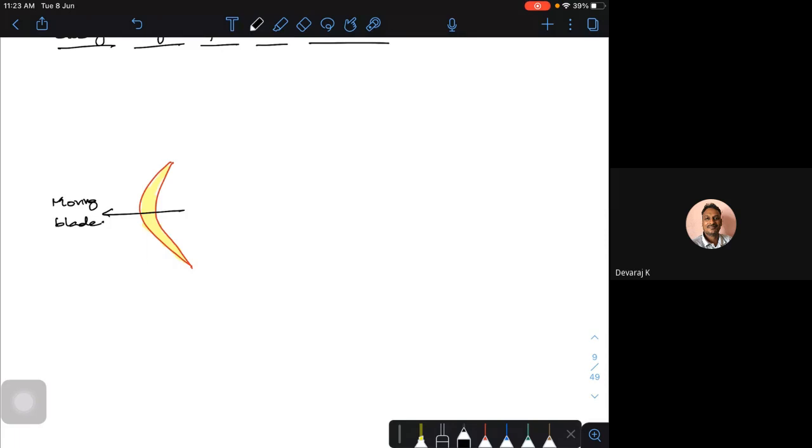Now to the blade, what we will be having is the relative velocity, which makes an angle of beta 1.